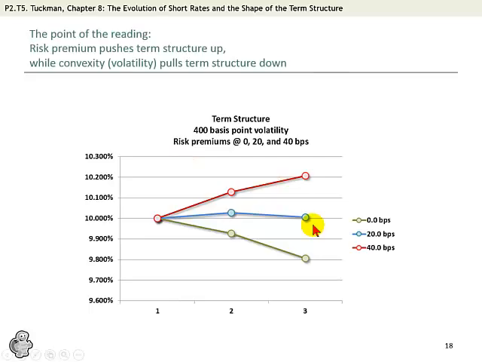And the blue line in the middle is perhaps most interesting because it's showing that in the short run, the risk premium is dominating by pushing this up. However, in the long run, the convexity effect is dominating over the risk premium and bending this term structure back down. So that's one of the key findings here in Tuckman, that in the short run, risk premium dominates. In the long run, in the long maturity, the convexity effect dominates, pulling the term structure down.